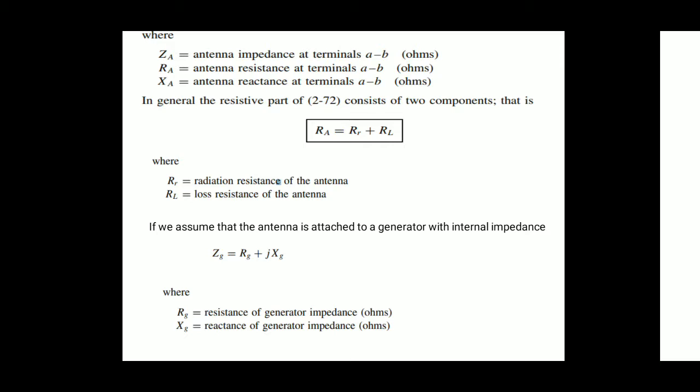If you assume that the antenna is attached to a generator with internal impedance, the generator impedance is Rg plus jXg, where Rg is the resistance of the generator impedance and Xg is the reactance of the generator impedance.